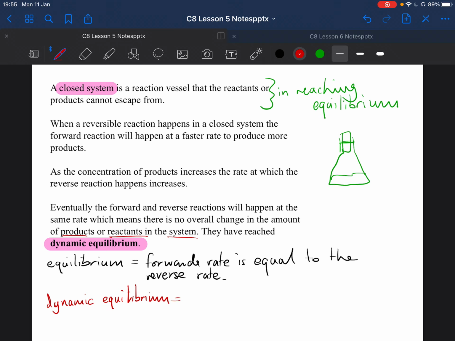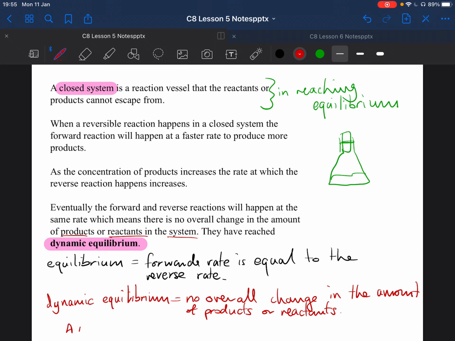And when we reach dynamic equilibrium, that's a point at which there is no overall change in the amount of products or reactants.